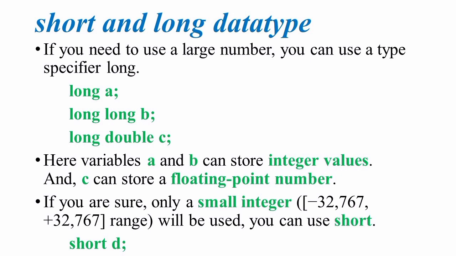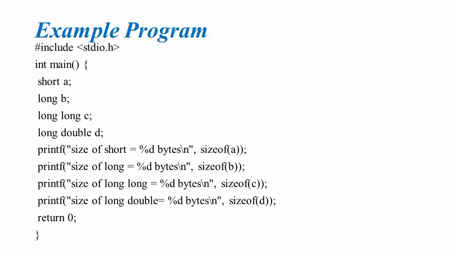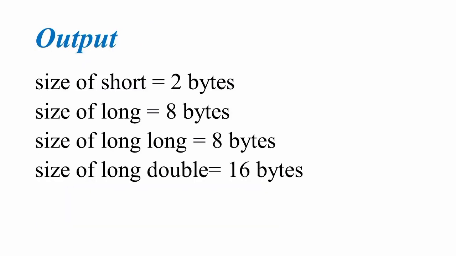Example, short d. You can always check the size of a variable using the sizeof operator. Here is an example of a C program that uses various data types, the format specifiers for those data types and the sizeof operator for the variables. And here is the output for this C program.